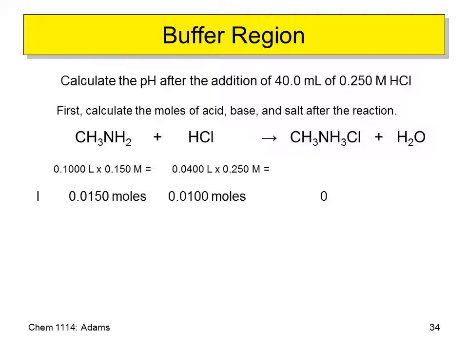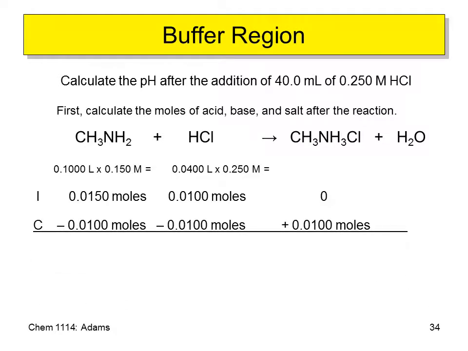And hopefully you'll recognize here that our hydrochloric acid is the limiting reagent. All of that hydrochloric acid will react and run out before the weak base runs out. So that is all that can react, 0.01 moles, and all that can be formed.